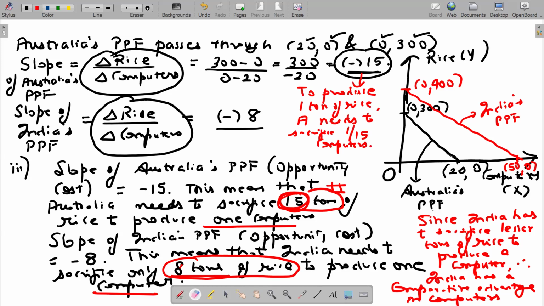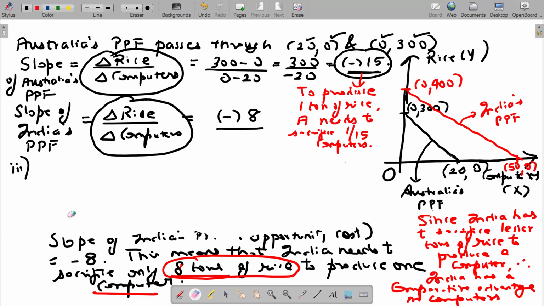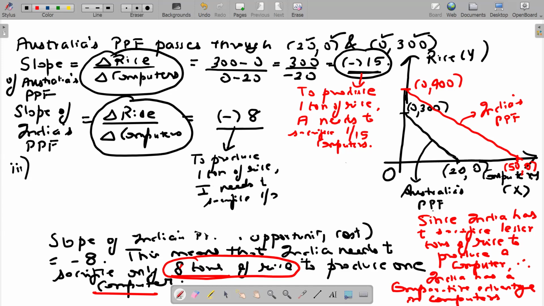Similarly, to produce 1 ton of rice, India needs to sacrifice 1 by 8 computers.